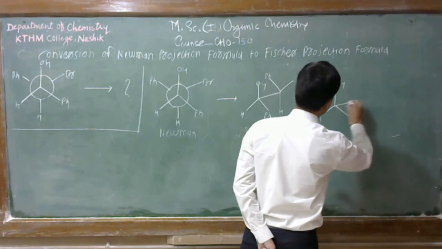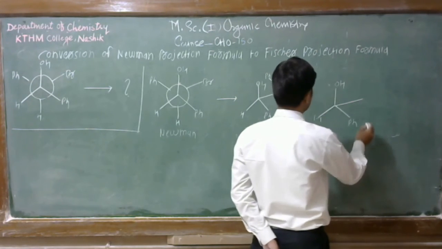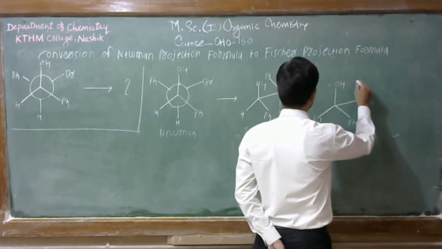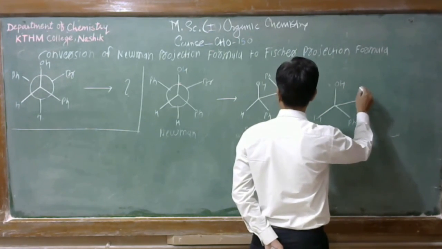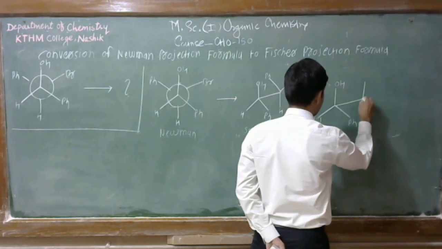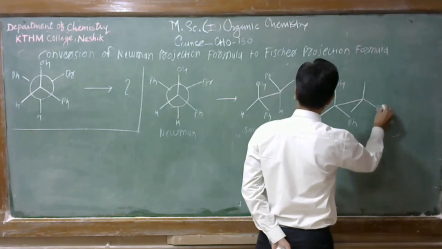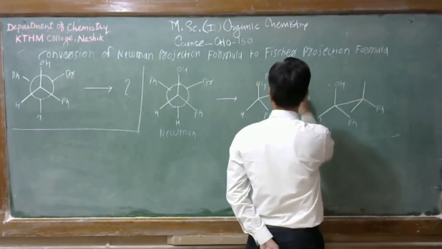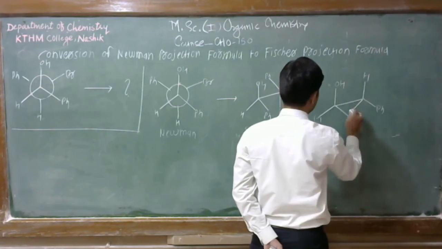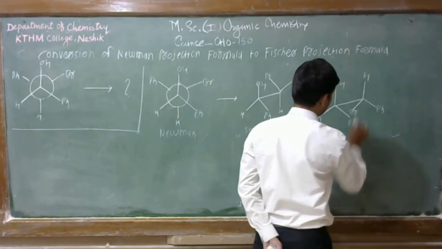It will change only on carbon number 2. So we can write here: here will be the Ph, here will be the hydrogen, and here will be the bromine.